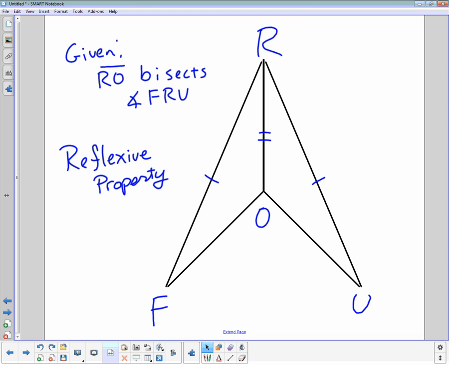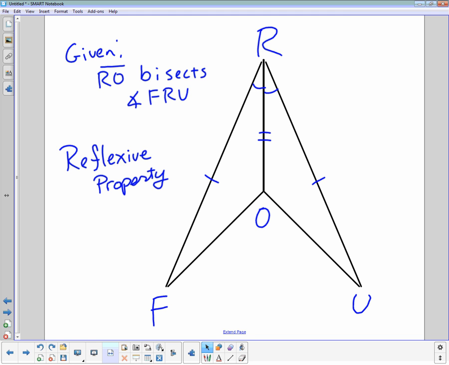An angle bisector cuts an angle into 2 equal parts. So that left-hand angle and that right-hand angle are the same because it was cut right in the middle. Cool? All right.